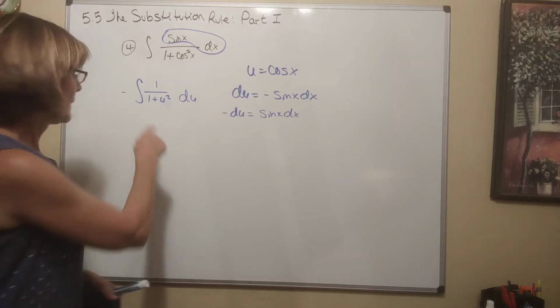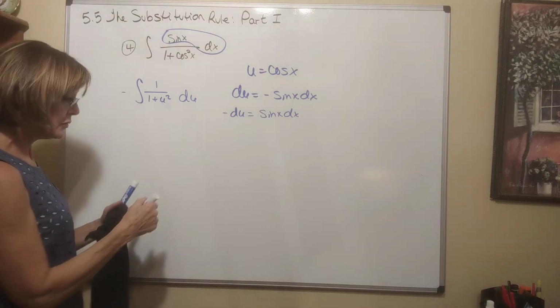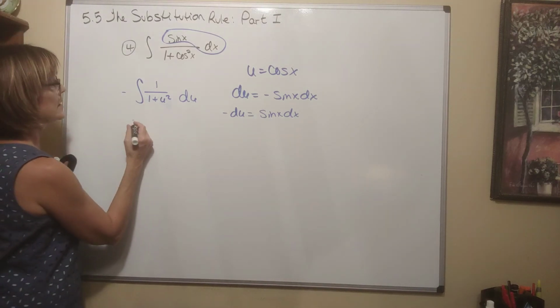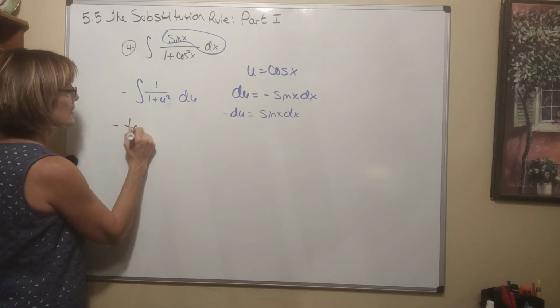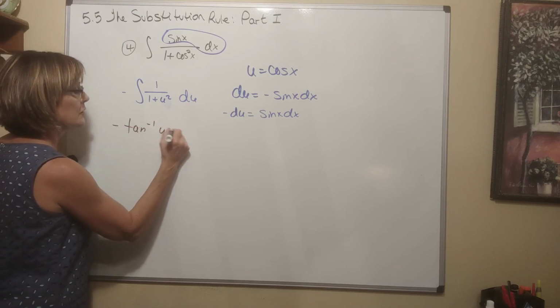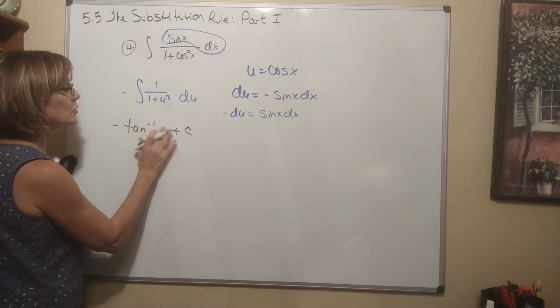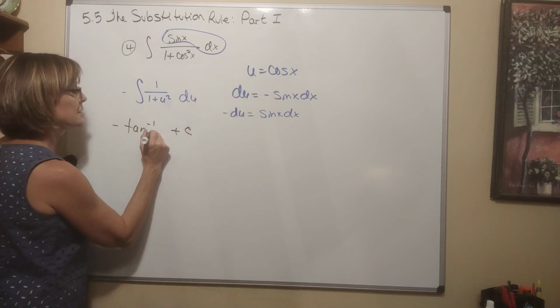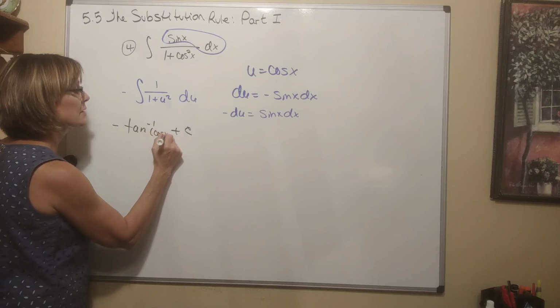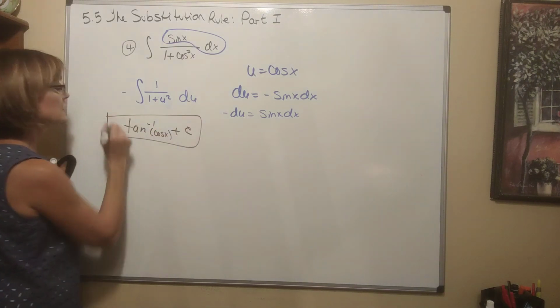This is the inverse tangent of u. So once we integrate this, this is negative tangent inverse of u plus a constant. And the very last thing to do is rewrite u as what we defined it to be, the cosine of x. And this is your answer to number 4.